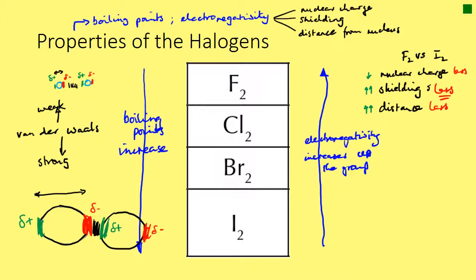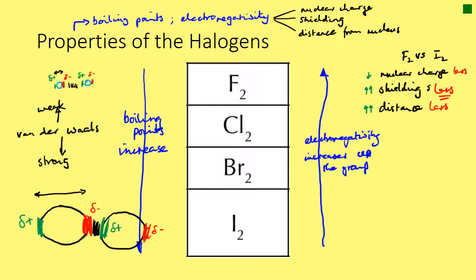If everything else was equal, a high nuclear charge, so let's say there were 10 protons in a nucleus, would attract electrons more strongly than a nucleus that had only 2 protons in it. So nuclear charge is the first one, and the second one, in no order, is shielding.